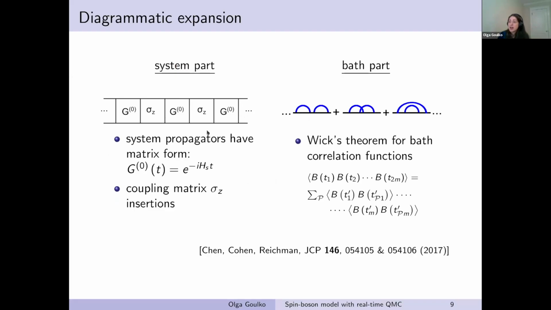So we have a matrix system part, but it has a very simple form. And then the bath part is scalar. And we have the usual combinatorial contributions from Wick's theorem, and we can compute the bath correlation functions in this way. So this system-bath coupling expansion works especially well when we're at low temperature and also when we are at weak coupling.